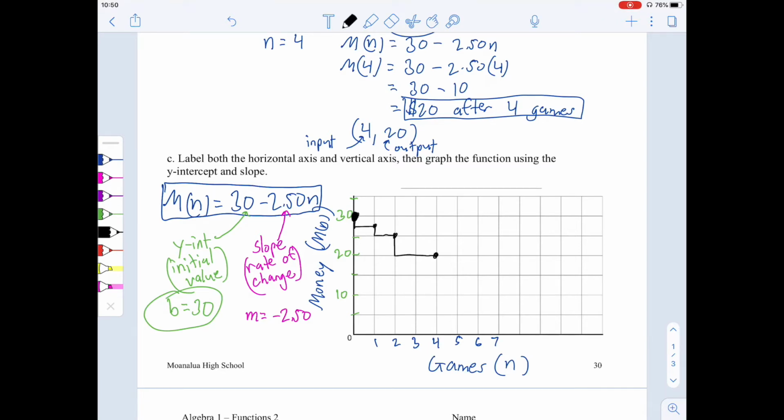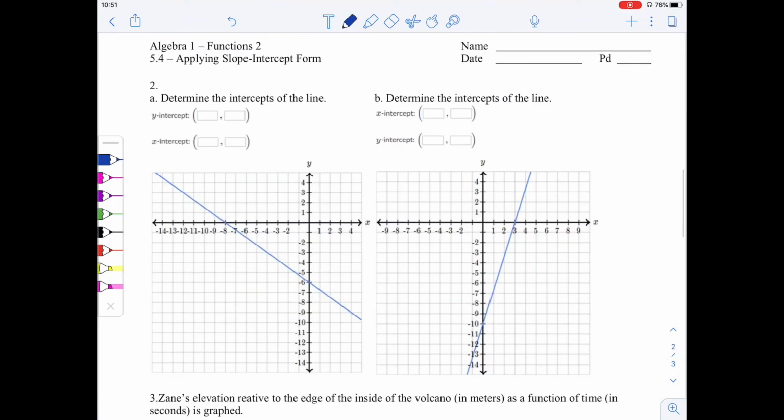These are all points right there: $5, 2 games, all the way. Draw a line right there. And if we continue on our graph, we're going to run out of money at 12 games.